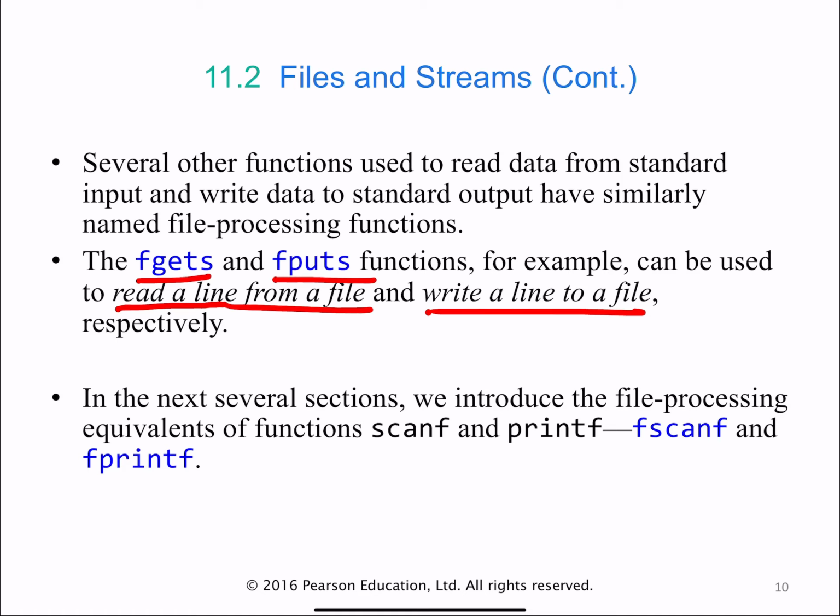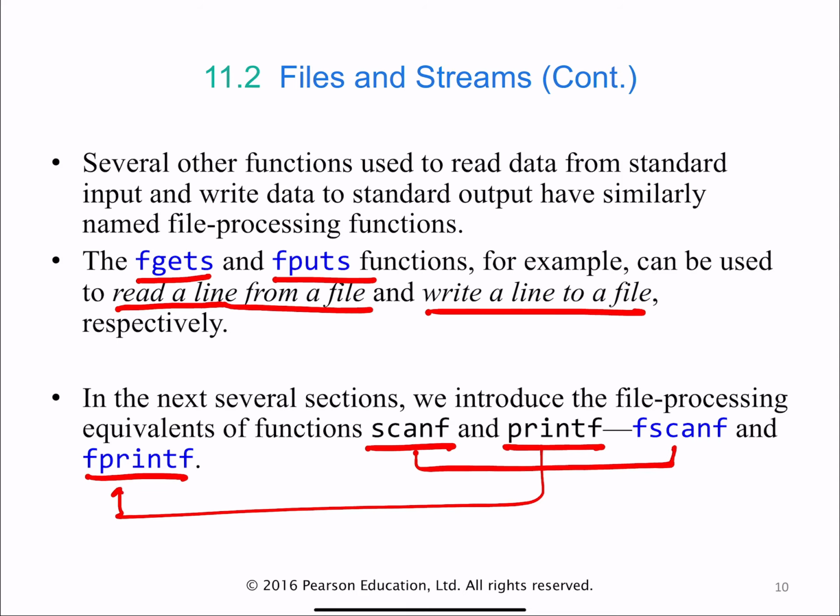And just like we have the scanf and printf functions, the ones that we've been using so far, there are file equivalents of these two functions. Scanf's file equivalent is fscanf. Printf's equivalent is the fprintf function.